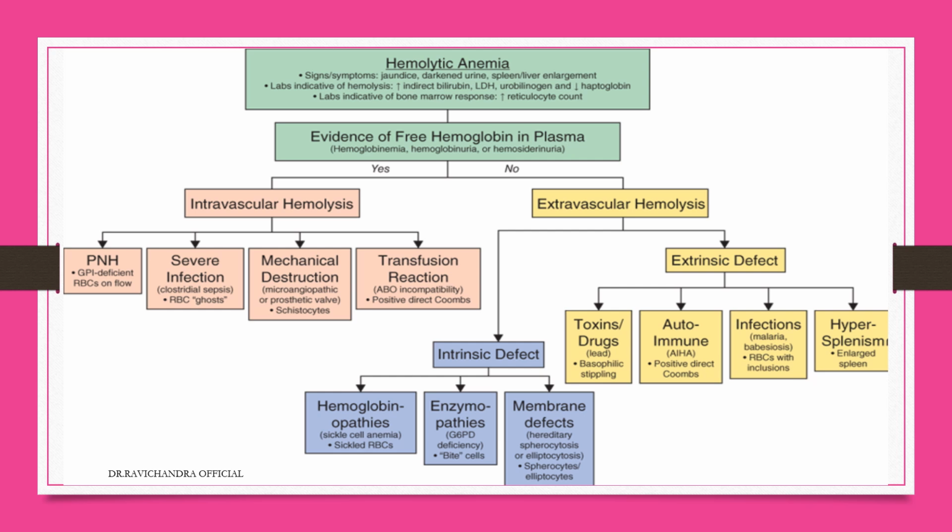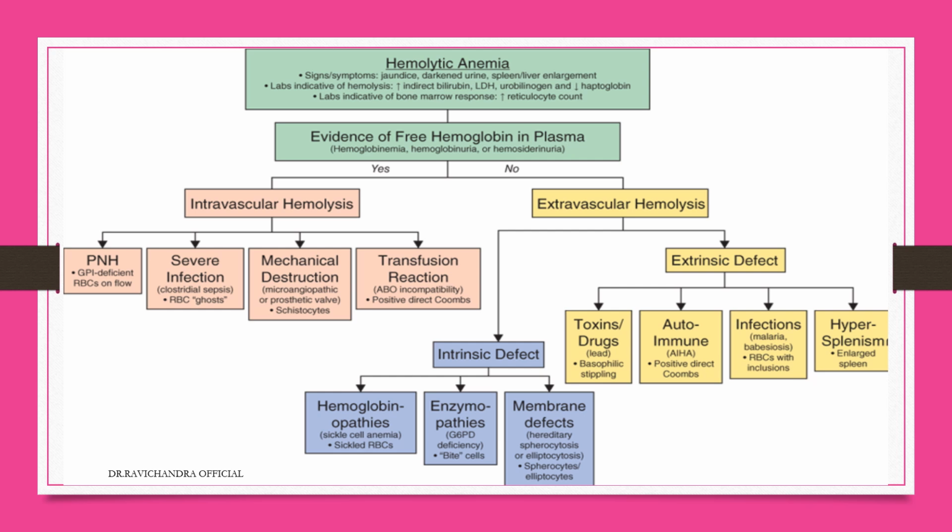As a result of hemolytic anemia, definitely there will be a bone marrow response, and the lab investigation that will indicate bone marrow response is a high retic count, or increased reticulocyte count, or reticulocytosis, in all hemolytic anemias.